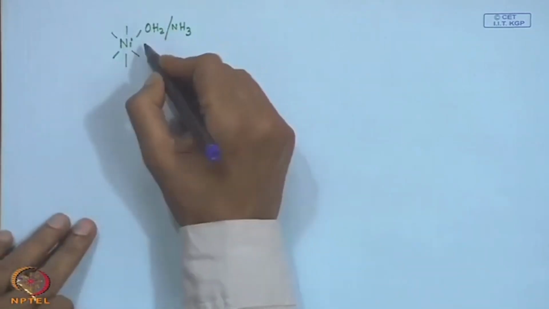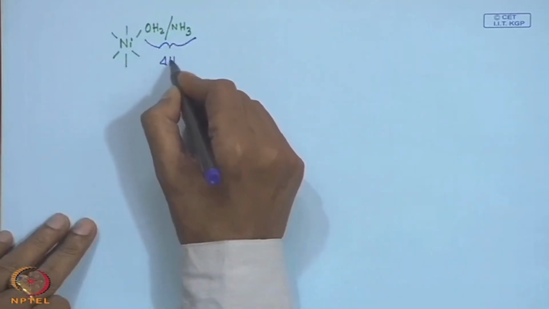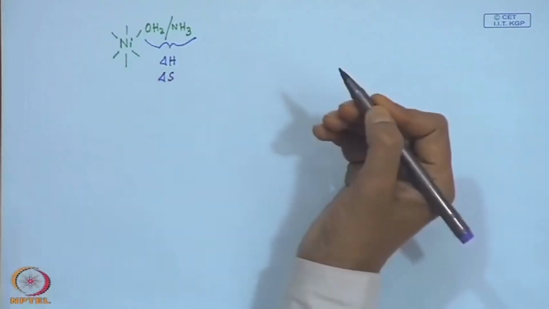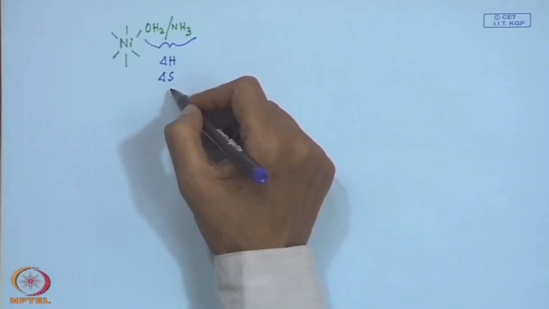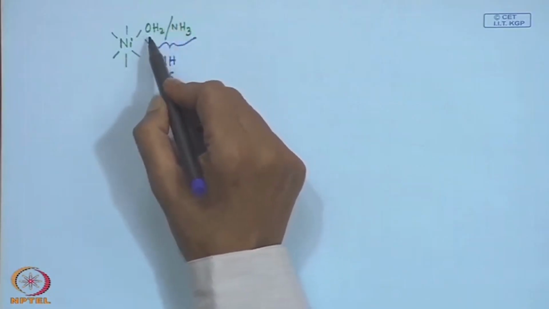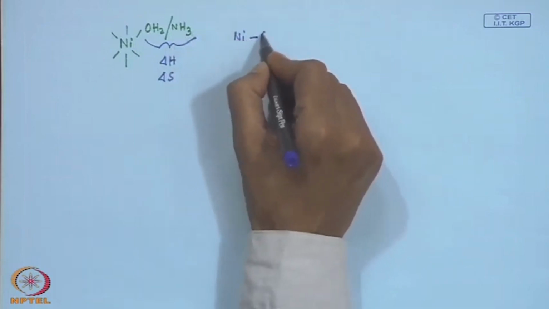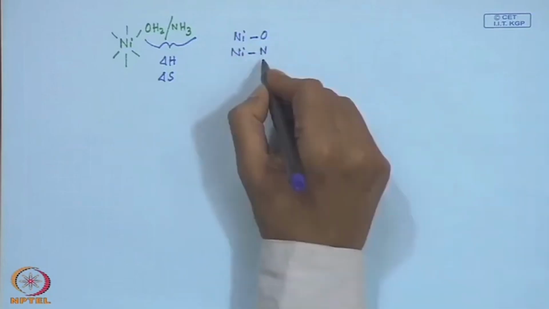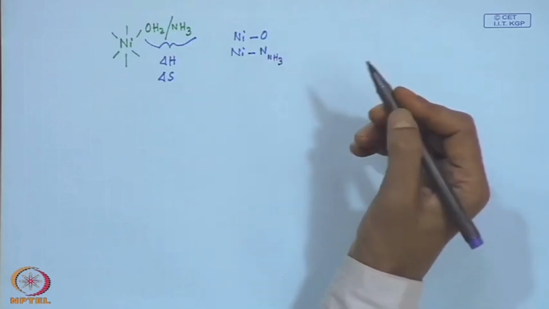So we have the corresponding values for delta H also and the corresponding values for delta S. So we have the contribution from the enthalpy as well as the entropy, but in this particular case we are replacing the water molecule by the ammonia molecule, but the nature of these bonds from Ni-O to Ni-N we are changing, and this nitrogen bond is coming from the ammonia molecule.